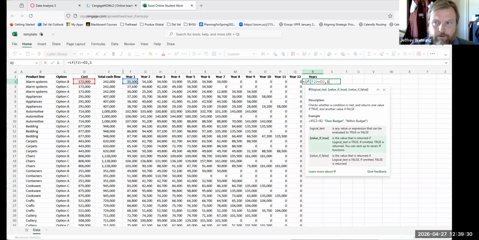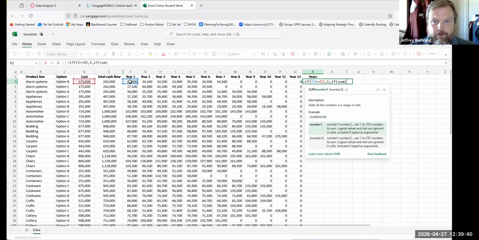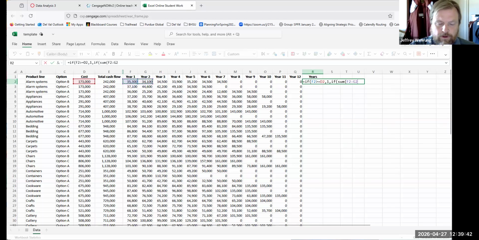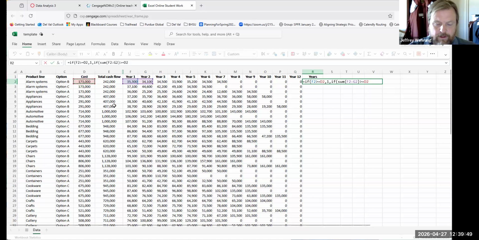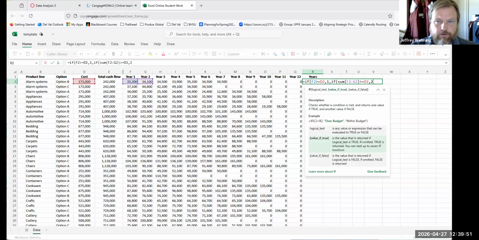Otherwise, we want to look at the next year. So if, and you could do year 1 plus year 2, I'm going to just do the sum of year 1 and year 2 is greater than or equal to the initial cost, then return a 2 because it's a 2-year payback.